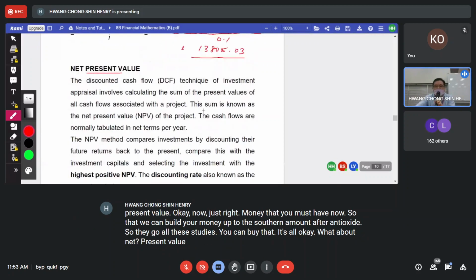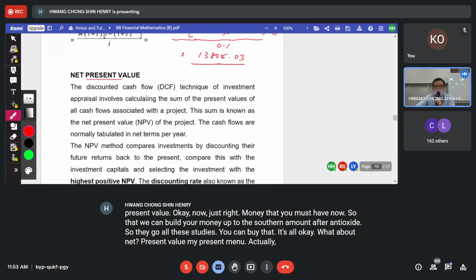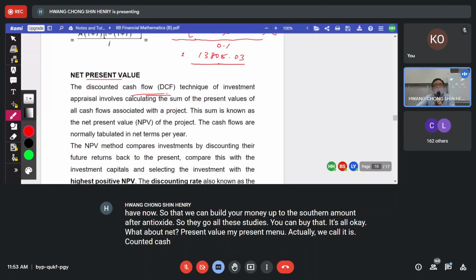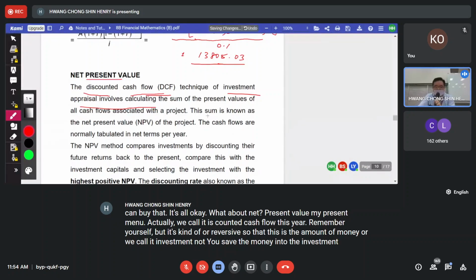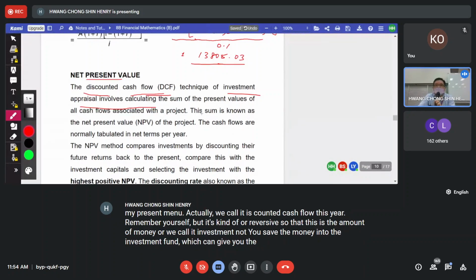Now, net present value, actually, we call it discounted cash flow, DCF. Remember just now we used the word discount, or reverse it. So this is the amount of money, or we call it investment. You save the money into the investment fund, which can give you the projected cash value.